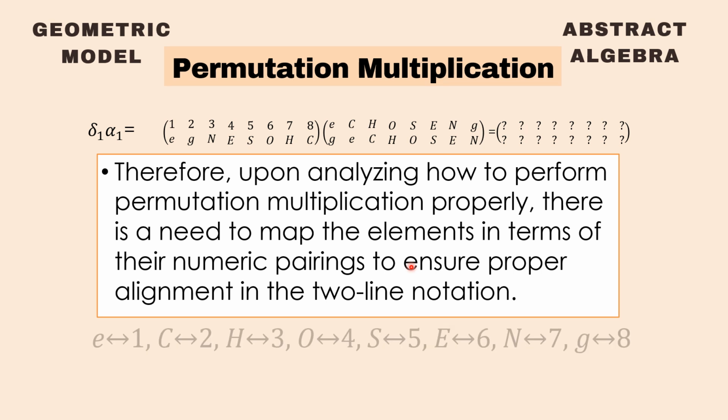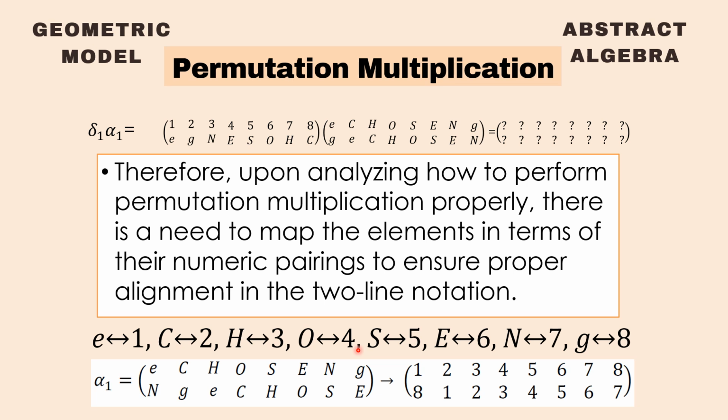So, for instance, we have E maps to 1, C maps to 2, H maps to 3, O maps to 4, S maps to 5, E maps to 6, N maps to 7, and G maps to 8. So that we could operate this permutation multiplication. So instead of letters, we translate it to numbers through mapping.